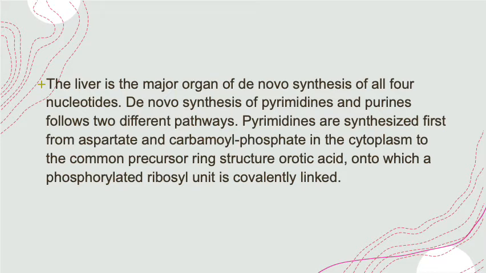The de novo synthesis of pyrimidines and purines follows 2 different pathways. So for the first one, the pyrimidines are synthesized first from aspartate and from the carbamoyl phosphate in the cytoplasm, and that is to the common precursor ring structure orotic acid, to which a phosphorylated ribosyl unit is then covalently linked.